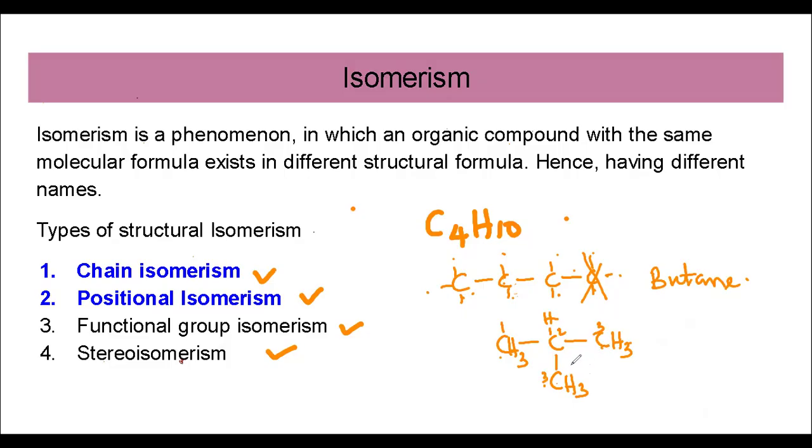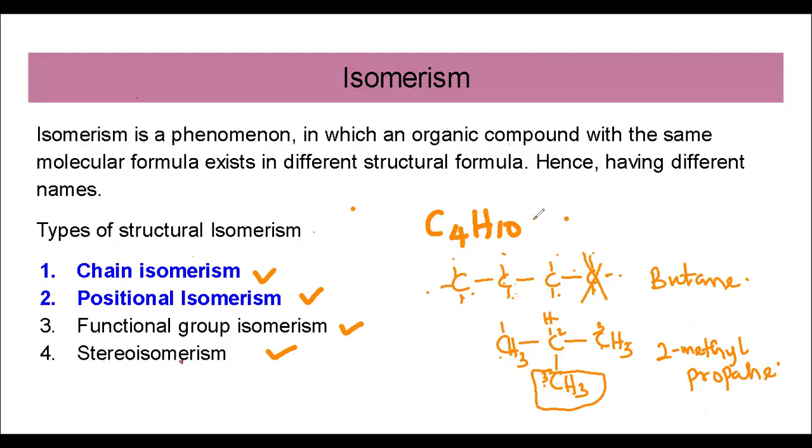So this is my side branch carbon. The longest carbon-to-carbon chain is 1, 2, 3 carbon. That is propane. Then you have a methyl group on the second carbon. So this is 2-methylpropane.